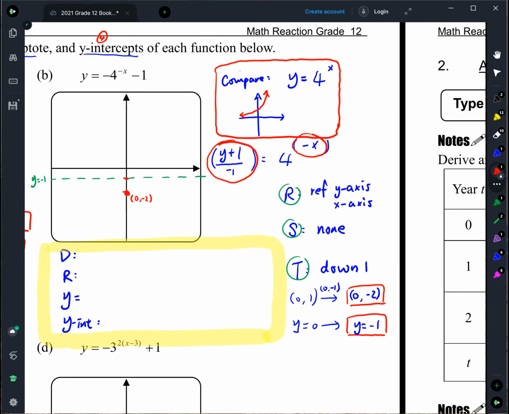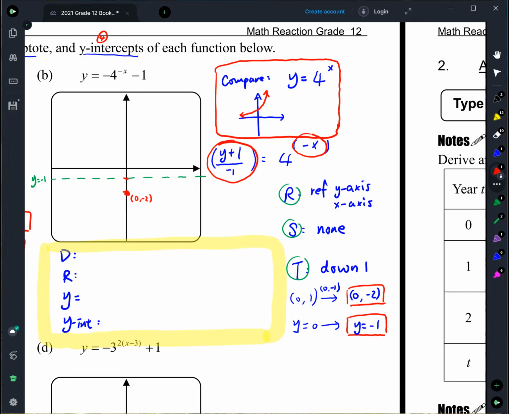Still only 3 people got the sketch. Angela, do you have the sketch? Not yet. Okay, let me know when you have it. Remember, you don't need 5 points, okay?